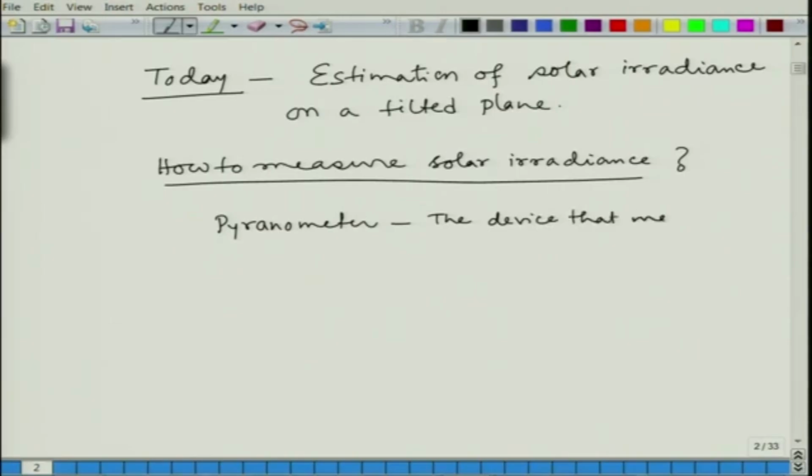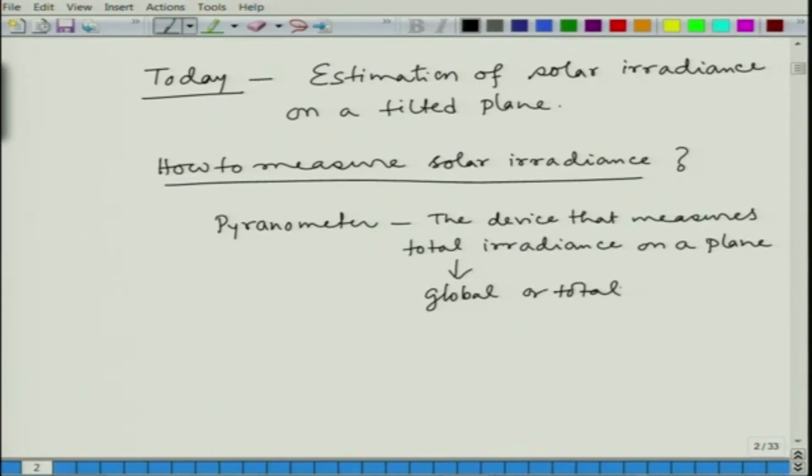that measures total irradiance on a plane. Total irradiance, what do we mean? We often term it global as well, global or total, both are same.